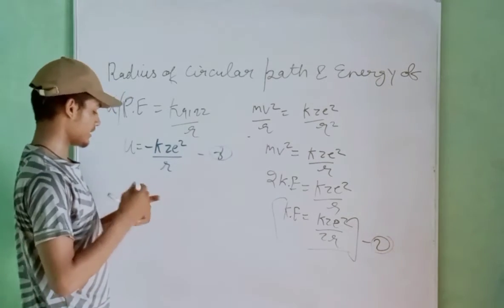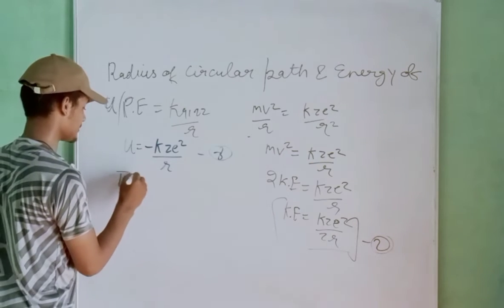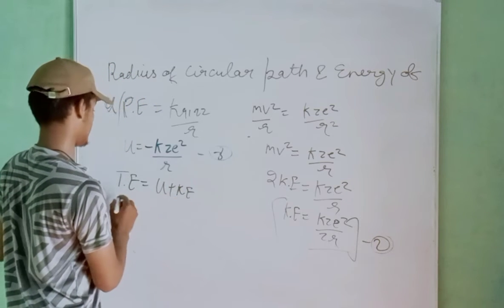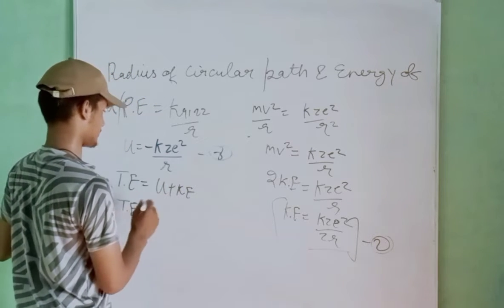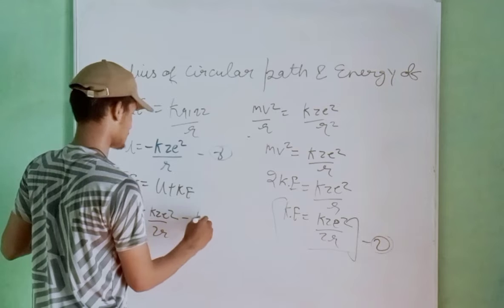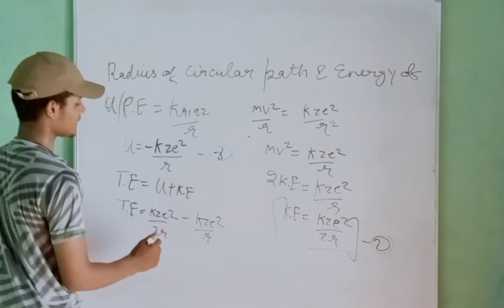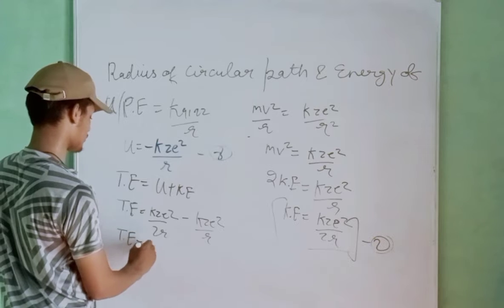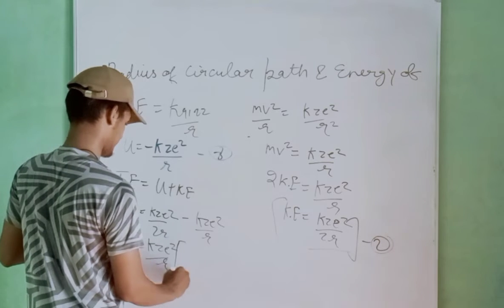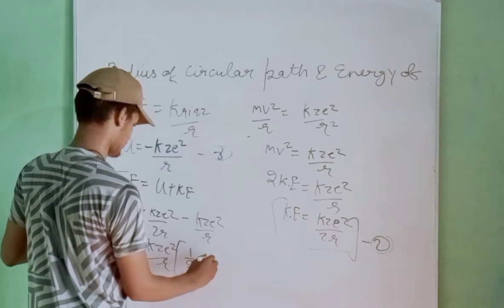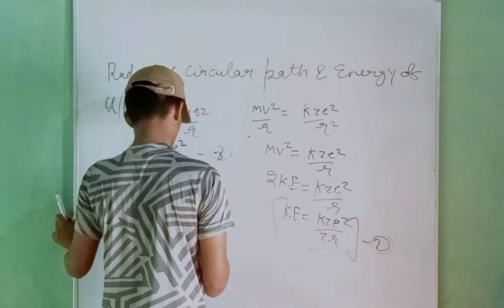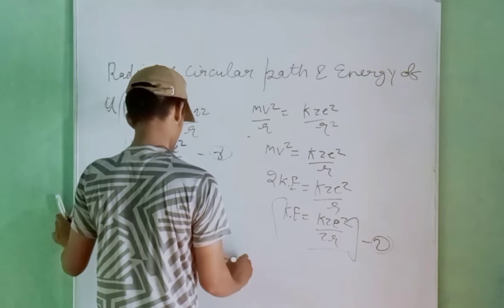The sum of potential and kinetic energy is equal to total energy. So total energy is equal to U plus KE. We take the negative sign ahead for each calculation. So kZe square upon 2R minus kZe square upon R. Here kZe square upon R is common, and 1 by 2 minus 1 gives minus 1 by 2.